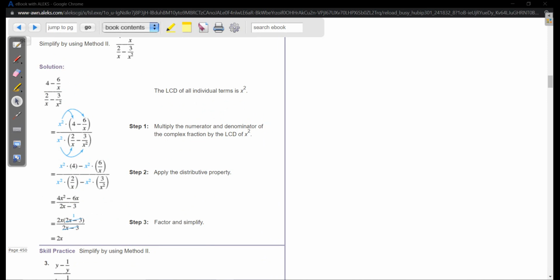Let's actually do it this way. Again, this is looking at my steps here. It says multiply the numerator and denominator of the complex fraction by the least common denominator of all individual fractions. So what we're doing here is looking at, we have x squared, and we have x.